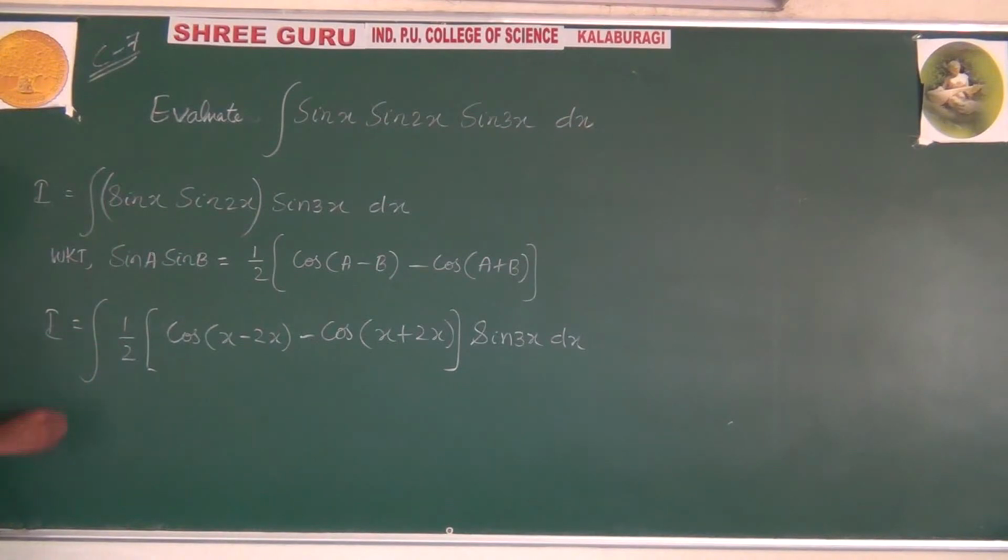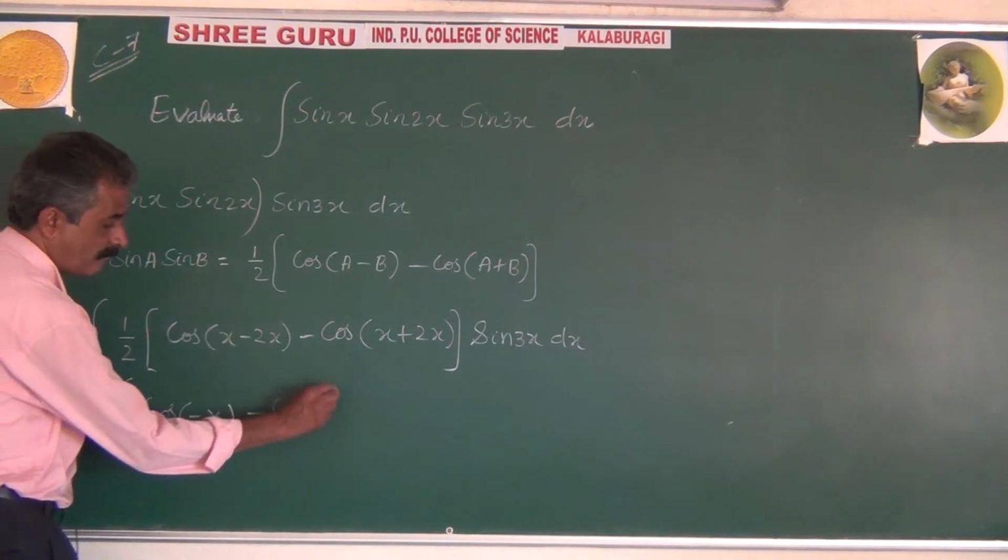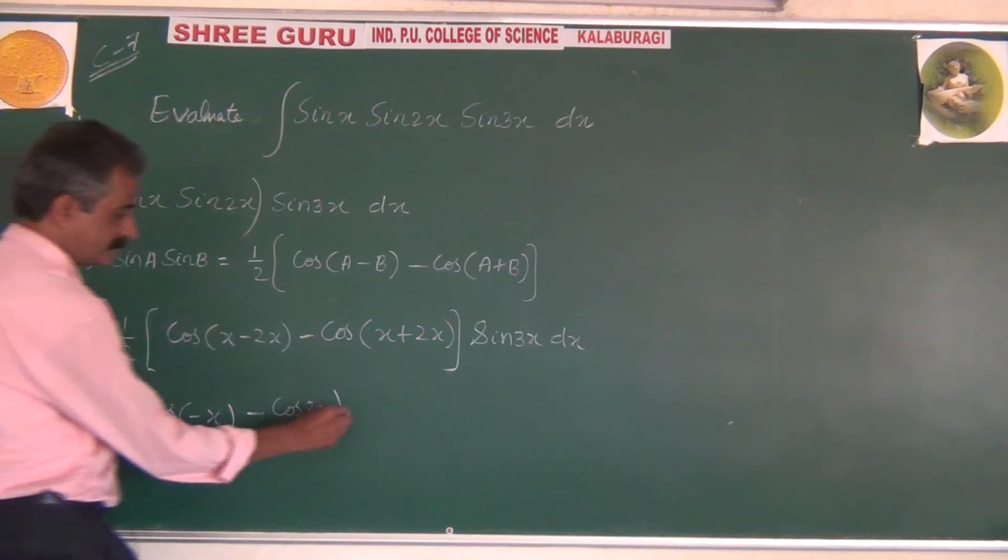One by 2 outside. Further, cos of x minus 2x is cos of minus x, and x plus 2x is 3x, into sin 3x.